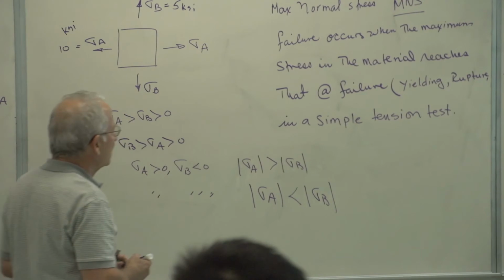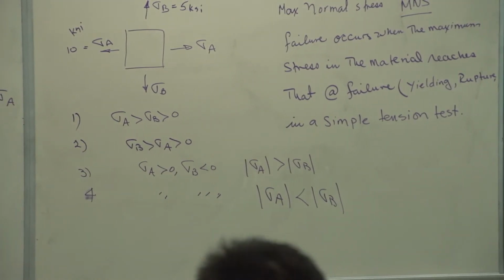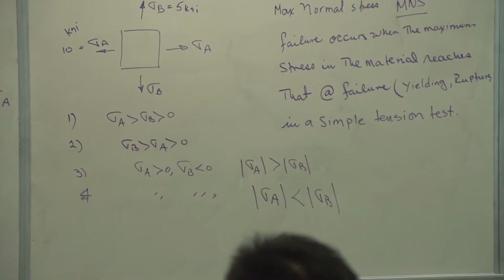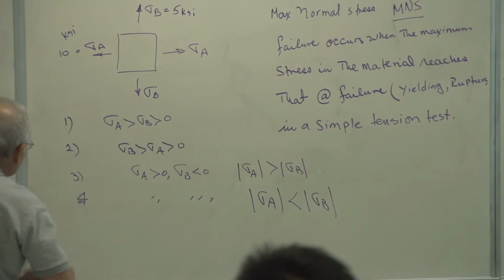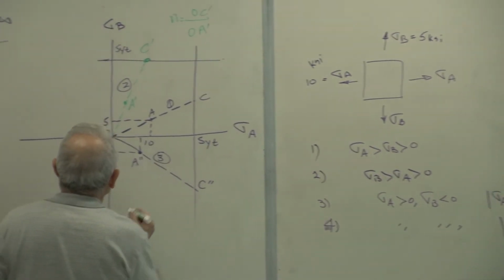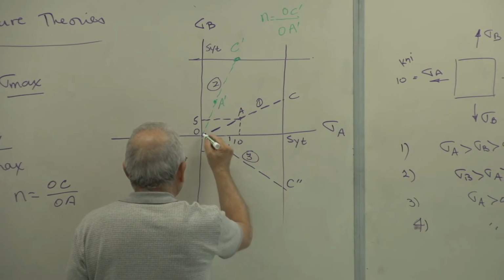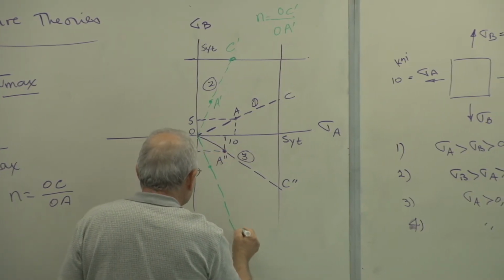The magnitude of sigma A is less than the magnitude of sigma B. In other words, when I plot, I get this point. My load line will now look like this.